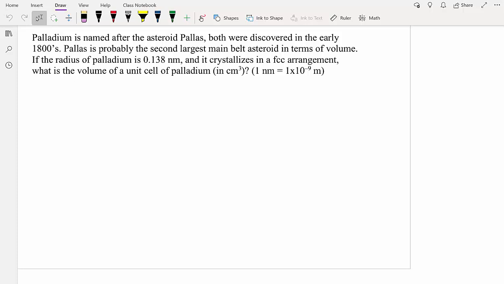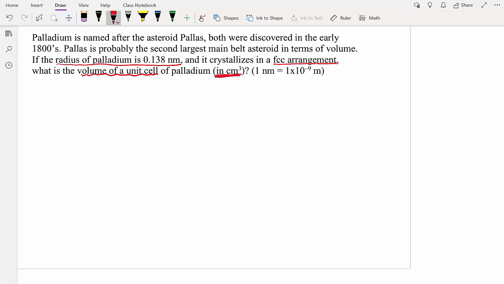If the radius of palladium is 0.138 nanometers, now that is a very important information, and it crystallizes in a FCC arrangement, that is another powerful information. What is the volume of a unit cell of palladium in cubic centimeters?